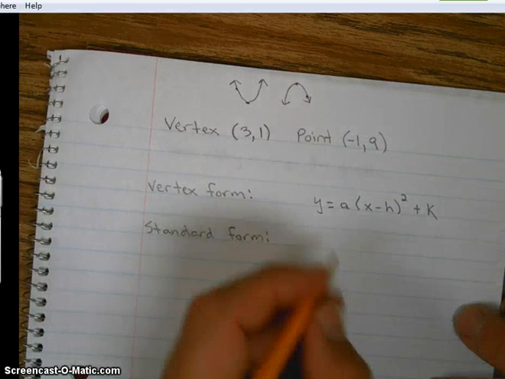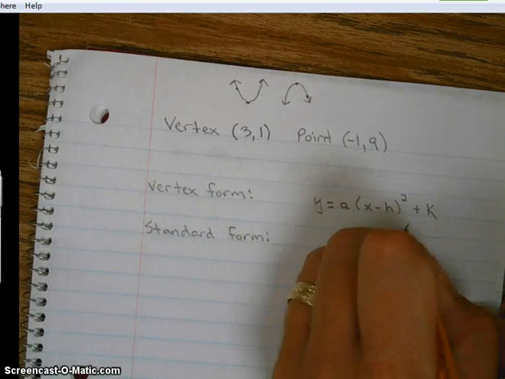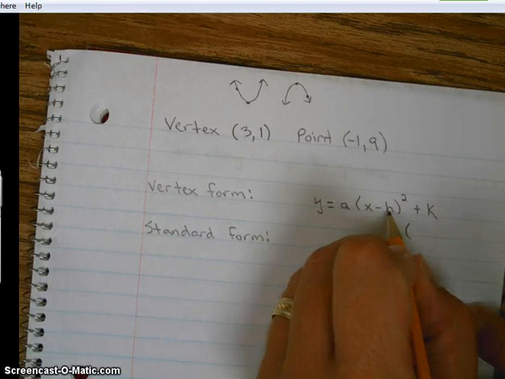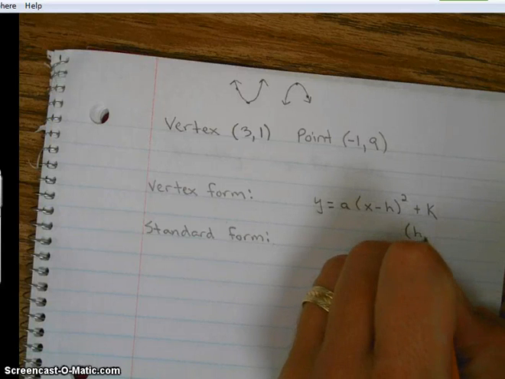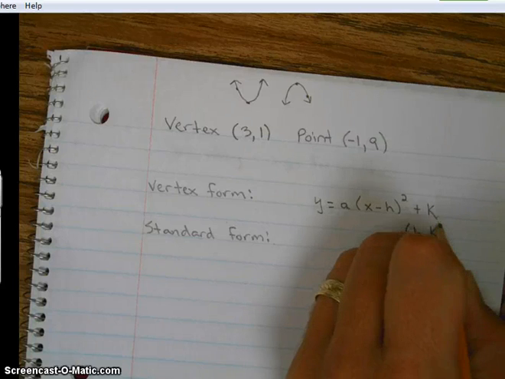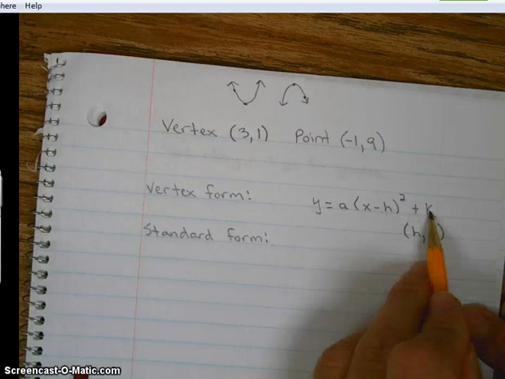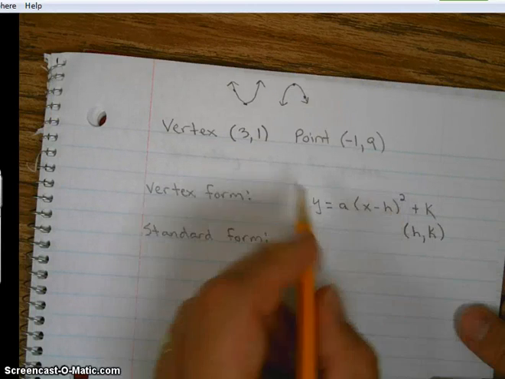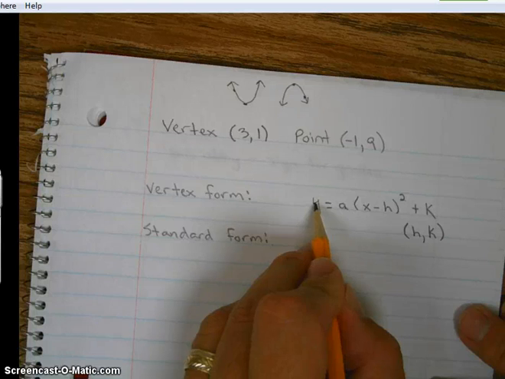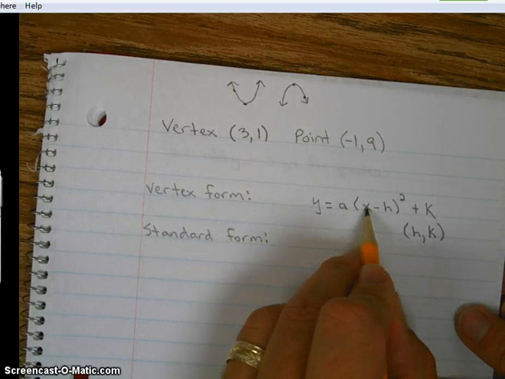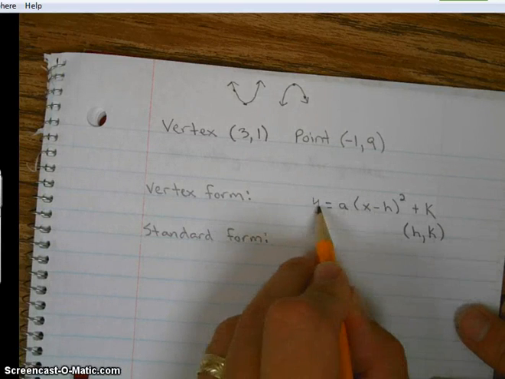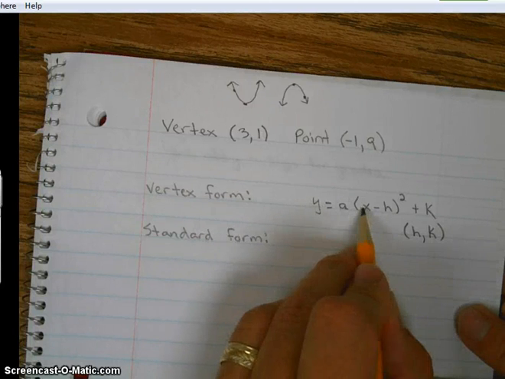And the vertex is the h value, which is your translation left or right, and your k value, which is your translation up and down. So that represents your vertex. Now x and y represent any point on the graph.